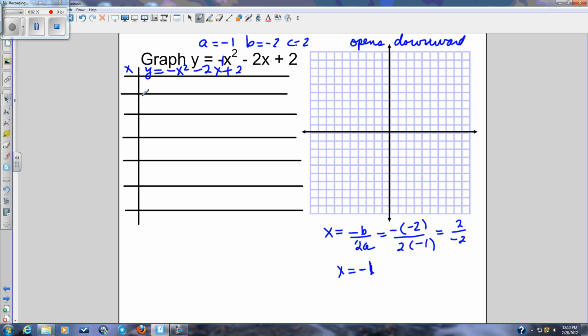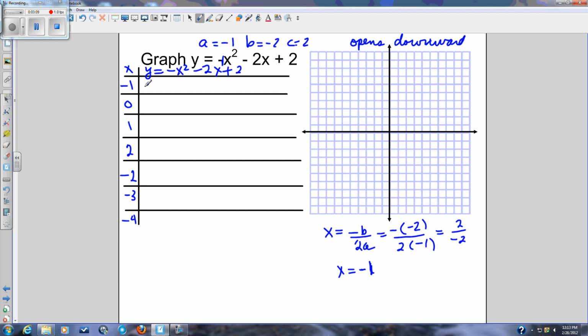So we're going to start with negative 1. 3 values that are higher would be 0, 1, and 2. 3 values that are lower would be negative 2, negative 3, negative 4. Do choose whole numbers, and don't go crazy with really high values, or with decimals or something like that. Just stick with whole numbers.